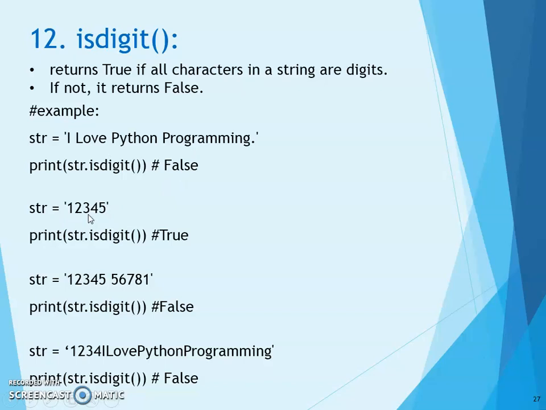In this example, only digits are there, so it will return true. Now check this example. Here all the characters are digits, but white space is also there, so it will return false. In this example, it has alphabets and also numbers, so it will return false.